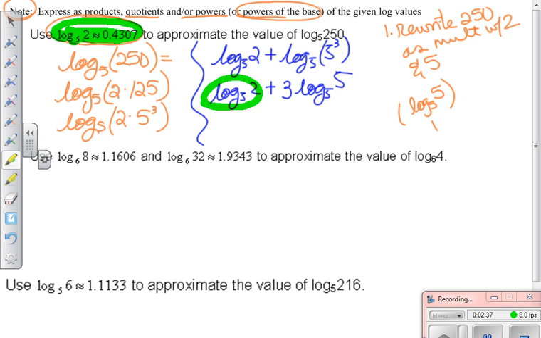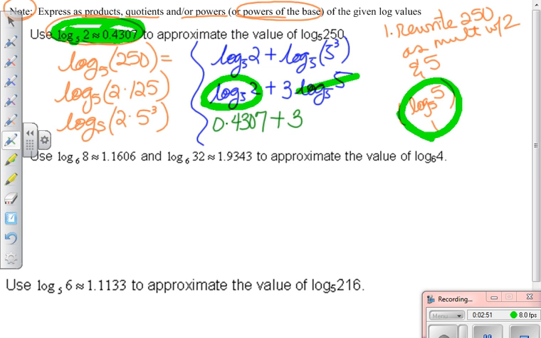Log base 5 of 2 is this decimal value. Log base 5 of 5 becomes 1, and so what I'm left with is 0.4307 by substitution plus 3, and so my value of log base 5 of 250 is 3.4305. So it's simply a matter of creatively thinking about the numbers, doing a substitution, applying the rule, and doing some simple addition at the end.